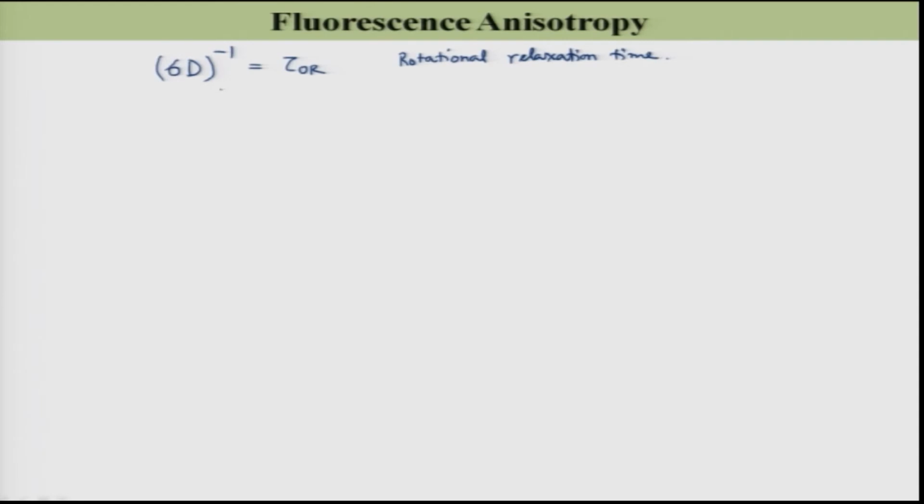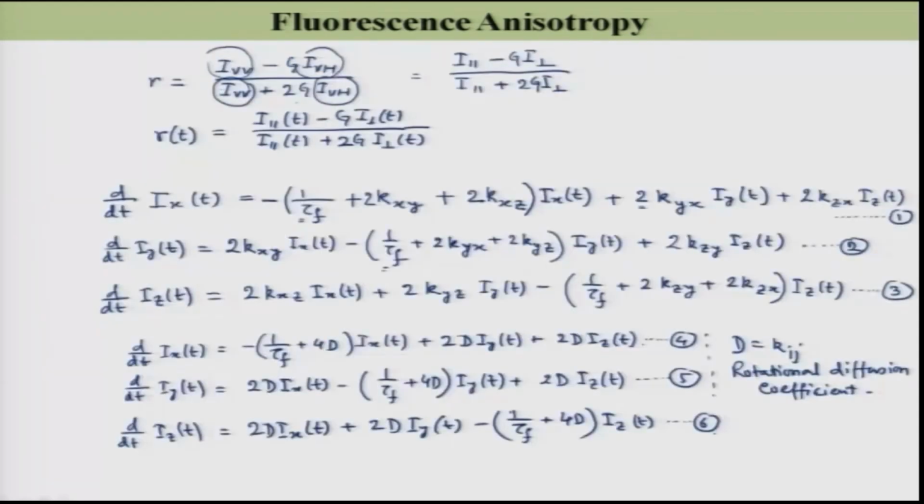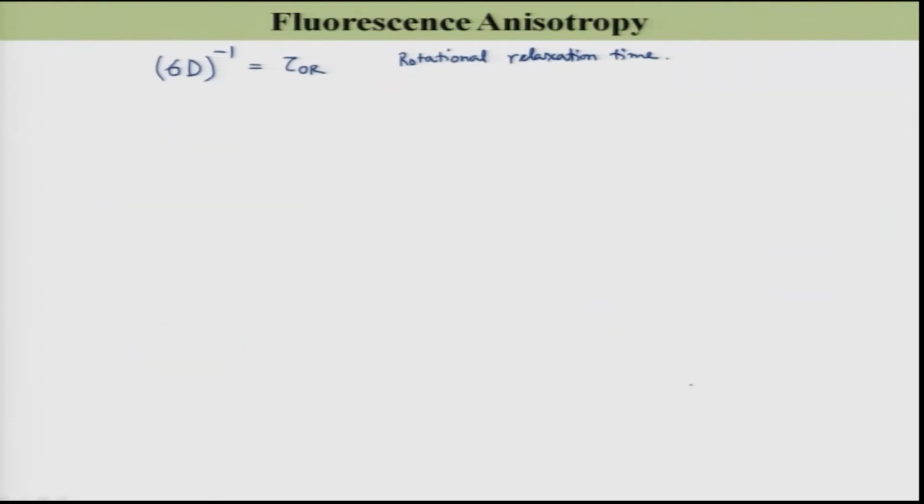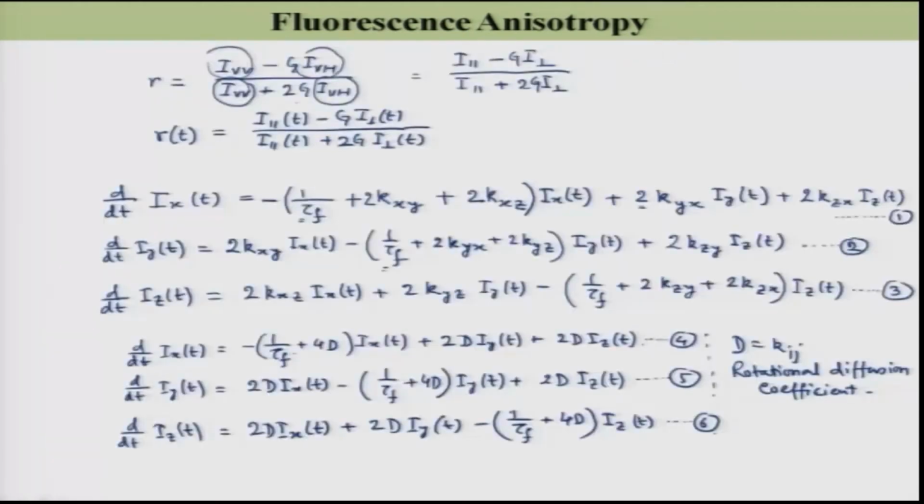So, now what I will do, you see here, I will do this 4 minus 5. So, equation 4 minus equation 5 if I do, linear operator d/dt of Ix(t) minus Iy(t) is equal to minus, what you will get, 1 over tau f plus 4d. Here you get 1 over tau f plus 4d from this x, and from here you will get 2d, right.